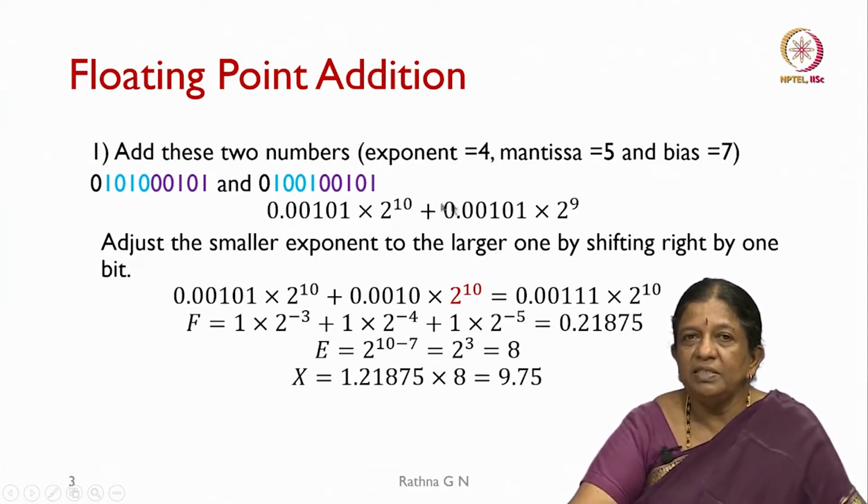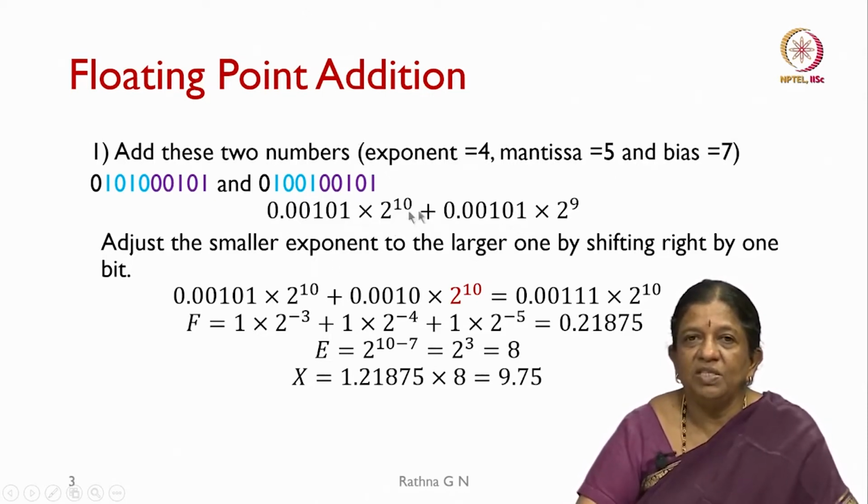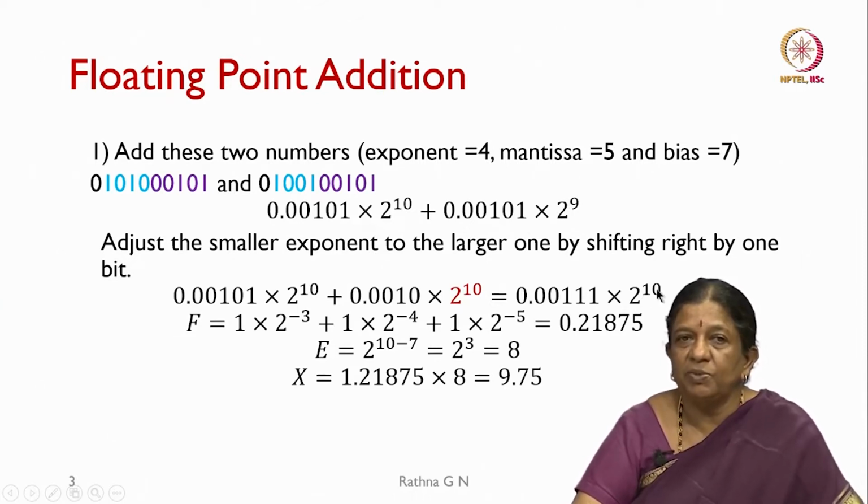Usually what we do is adjust the smaller exponent to the larger one, so that both the exponents become equal; only then can we add the two numbers in the floating point number system. So, we shift this number right by 1 bit and increase the exponent to 2 power 10, and then we do the addition keeping the same exponent.